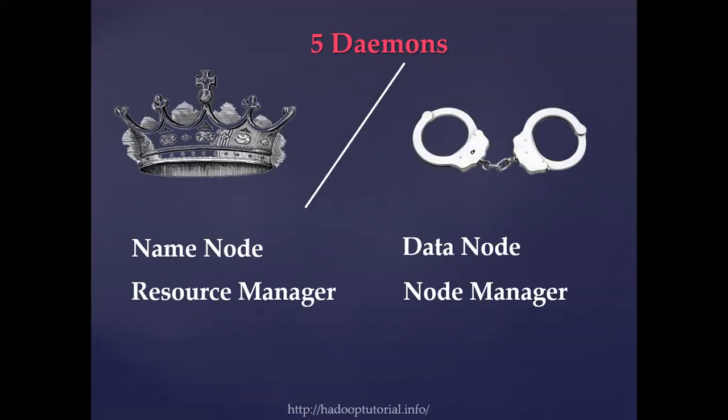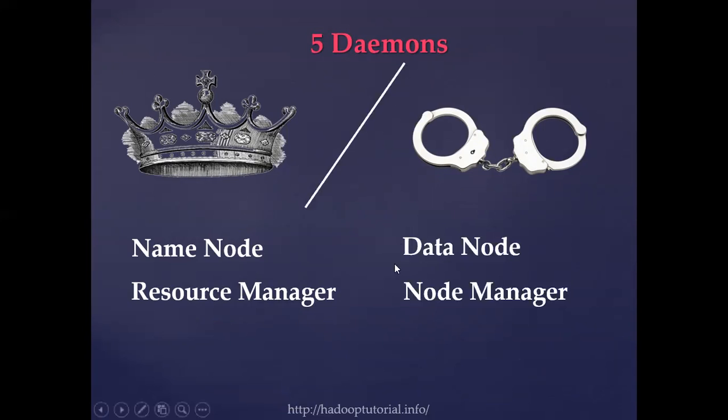And the slave machines are slaves. They will have the counterparts on them. From the storage perspective, we call it a data node. And when it is processing some data, then we call it a node manager.